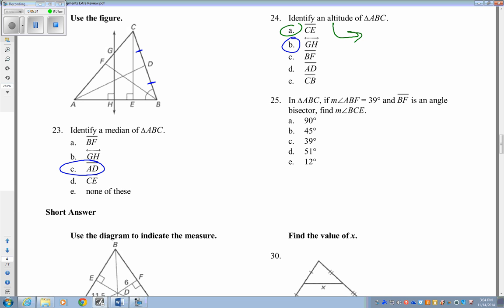It goes from a vertex and forms a perpendicular line. Okay, so GH. Does GH go to a vertex? No, so that's not going to work. The answer was A, CE.